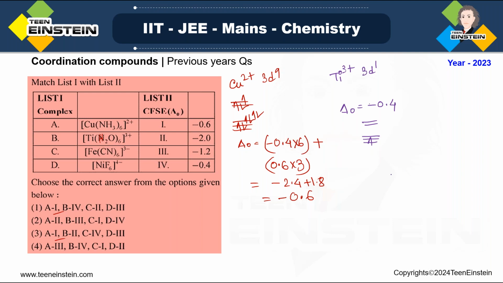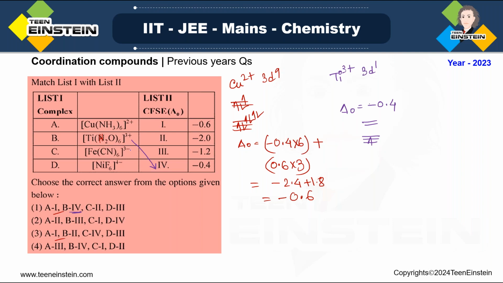So overall the Δo value is also this, and you can find that here. So B is matching with 4. Now B is 4, and that you can get only in option 1, isn't it? So until this point, even if you solve the question only up to here, you can choose the correct option. But I'll also show you all the other values.